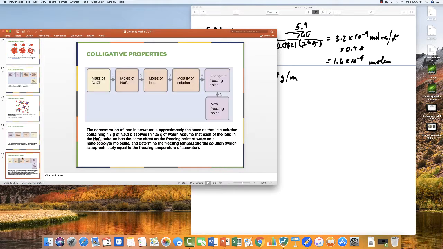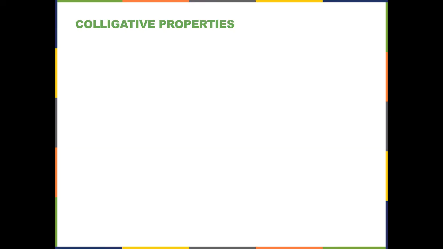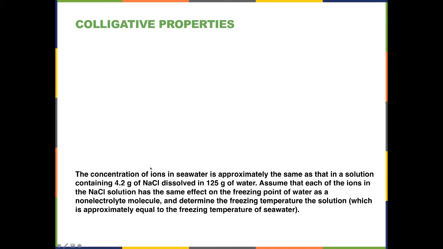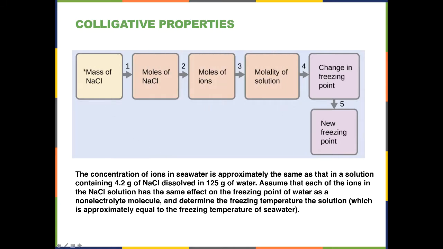Now let's look at this last problem. This last problem looks at the dissolving of an ionic compound, which will release 2 ions for every molecule. So this takes into account that van 't Hoff factor that I was just talking about. Here we start with the mass of sodium chloride, find the moles of sodium chloride, and using the van 't Hoff factor, we find the number of moles of ions.